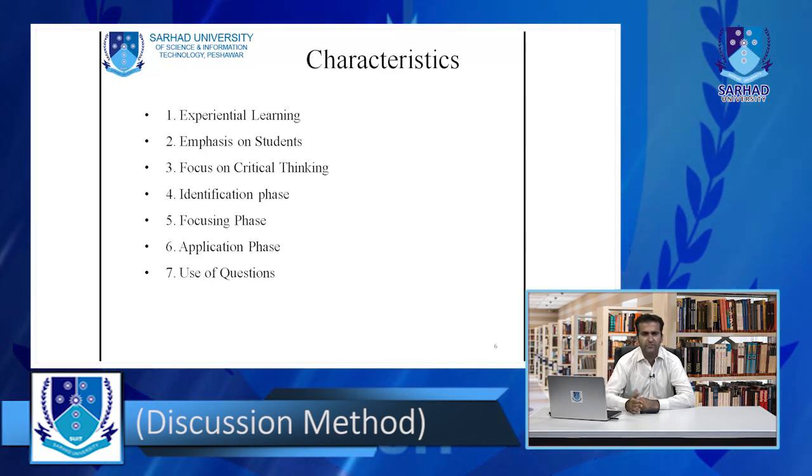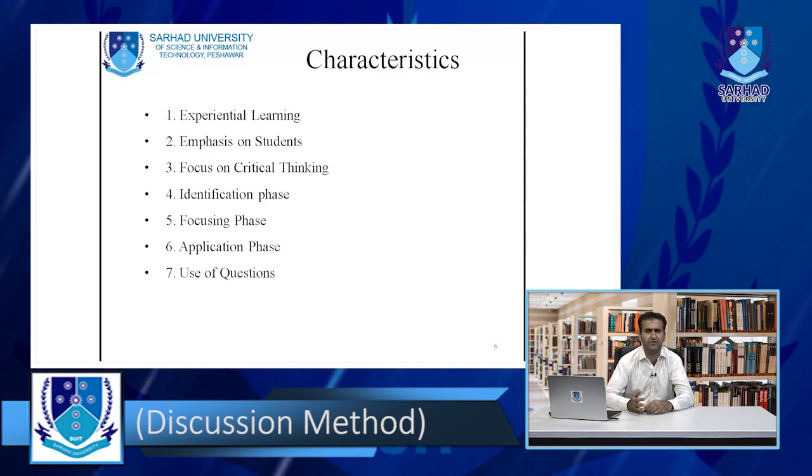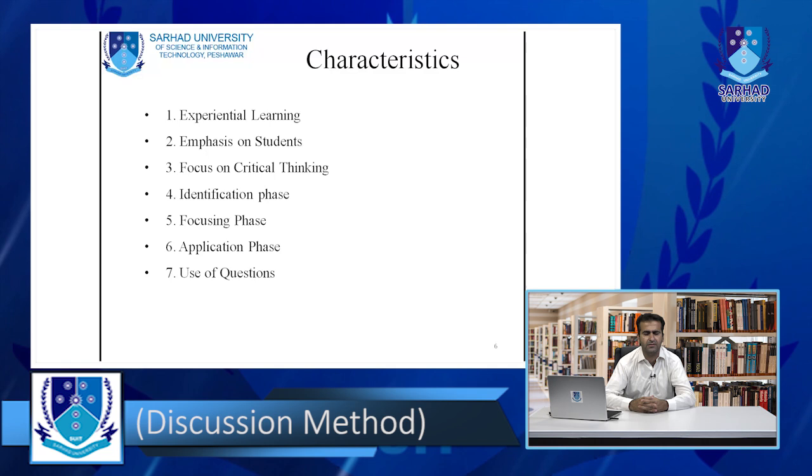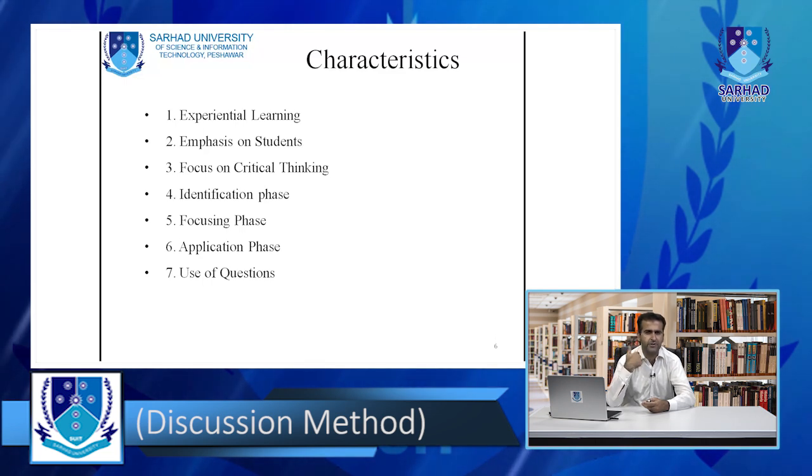So, we can say that this is a process of experiential learning, a venue of experiential learning, that based on the experiences of others, I am getting something more, learning something new, and developing my own thoughts and higher order thinking skills. These are the ways which encourage us a lot.